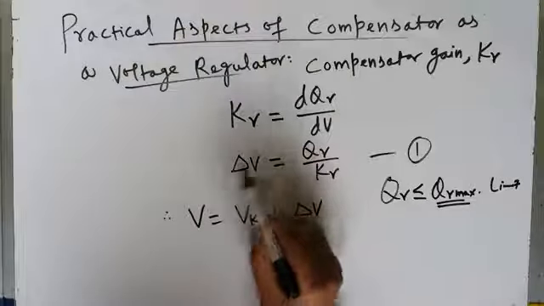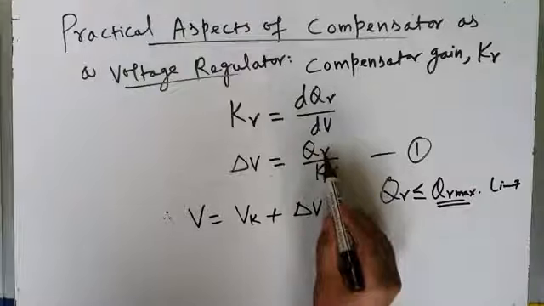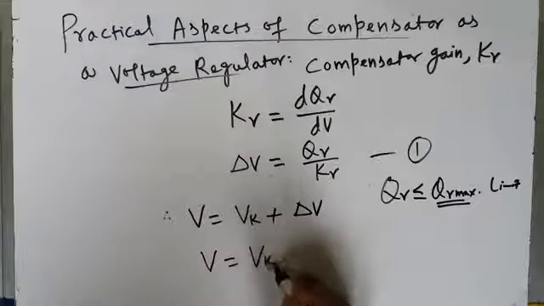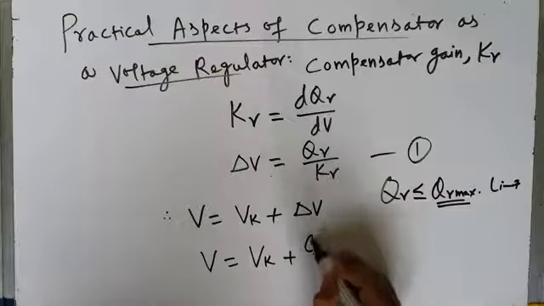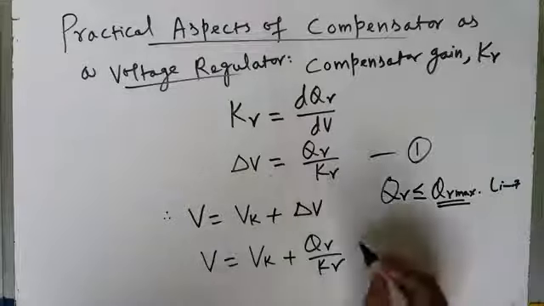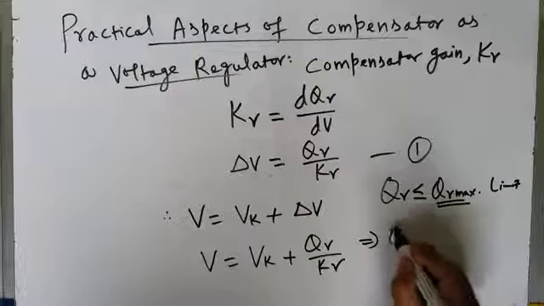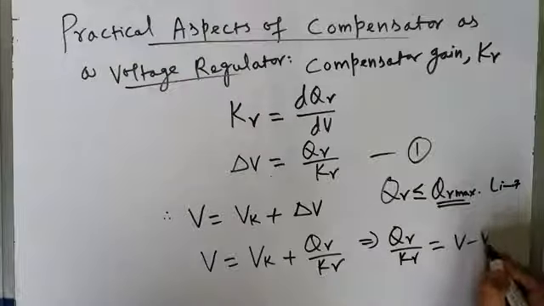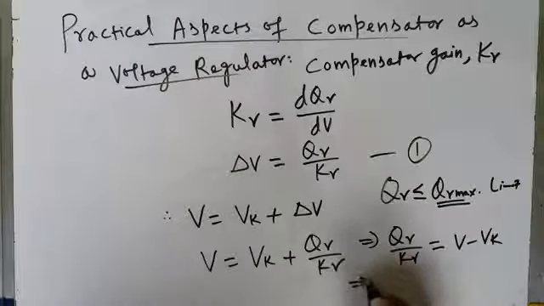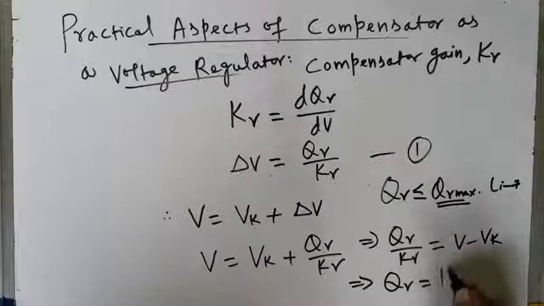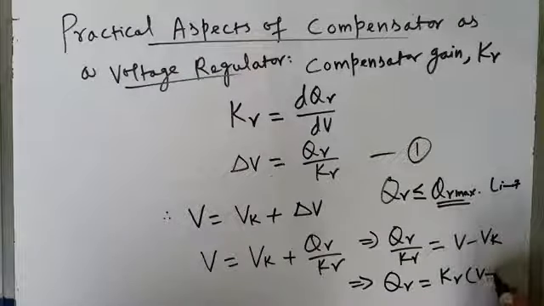Delta V is the change in voltage because of the injected reactive power of the compensator, or V can be written as equal to Vk plus Q gamma by K gamma. Okay, so from this we will get Q gamma by K gamma equal to V minus Vk. That will give us a mathematical expression for injected reactive power Q gamma, which is K gamma times V minus Vk. Let us call this equation 2.